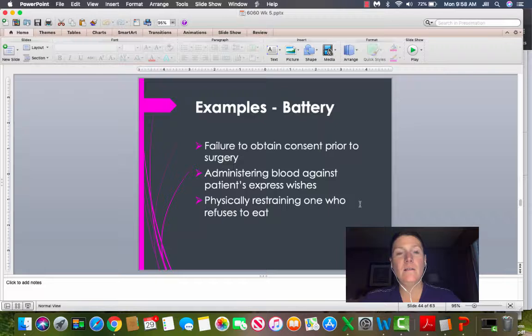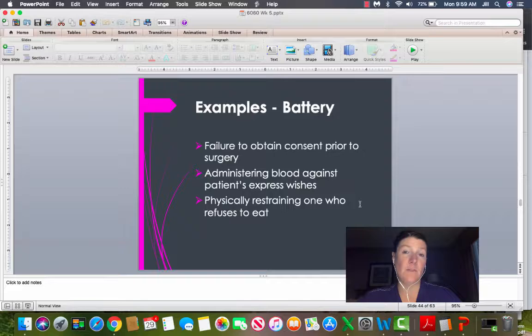The healthcare example, you might think, how does this have anything to do with healthcare? Well, there are plenty of times when we lay hands on patients, perhaps when they're not interested in that. So failure to obtain consent prior to surgery, administering blood to a patient that does not want blood administered, physically restraining people. Those can all be considered battery if not done in appropriate circumstances, like, for example, physical restraints.